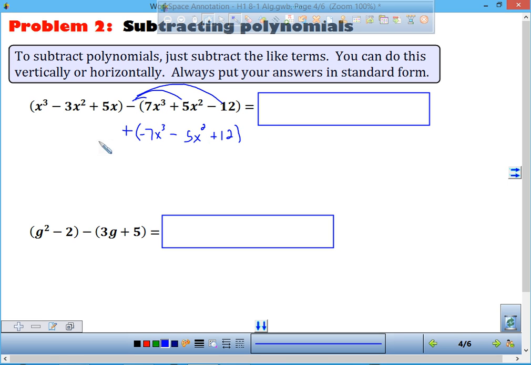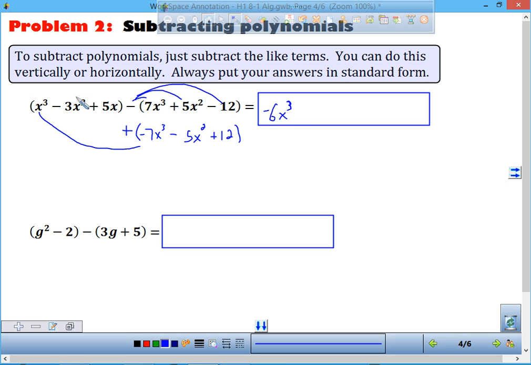So now I can combine like terms. I have x cubed and negative 7x cubed, so that's going to leave me with negative 6x cubed.